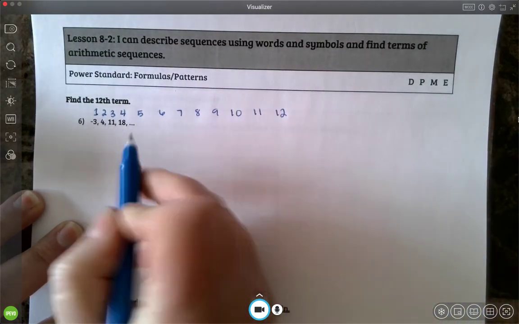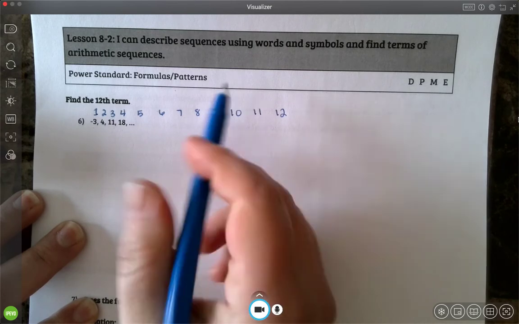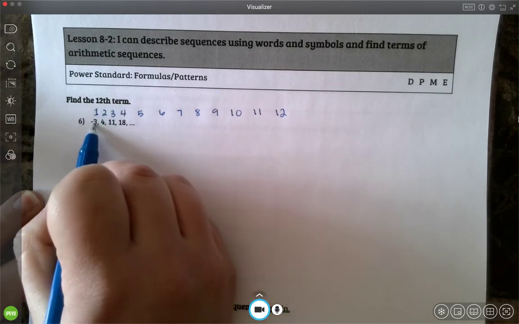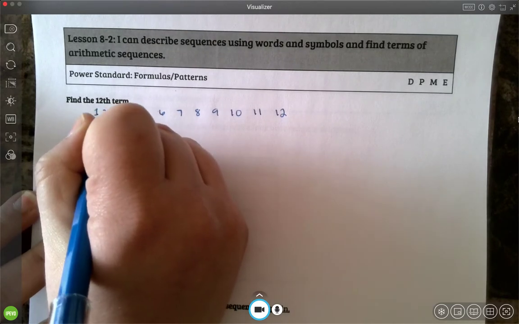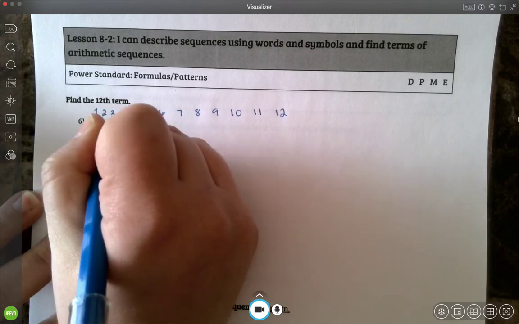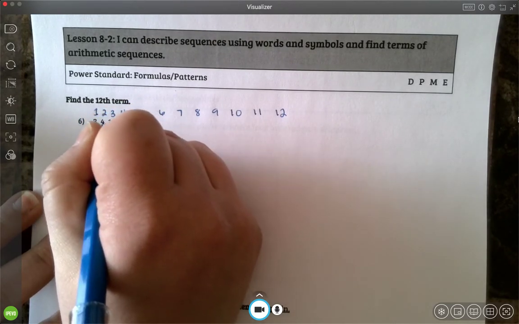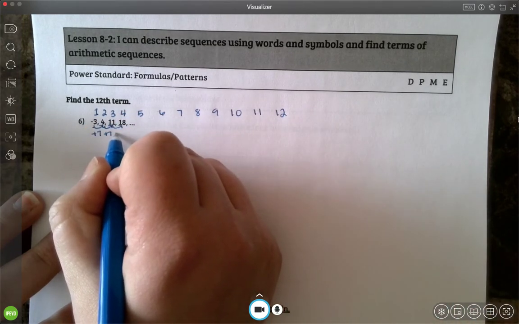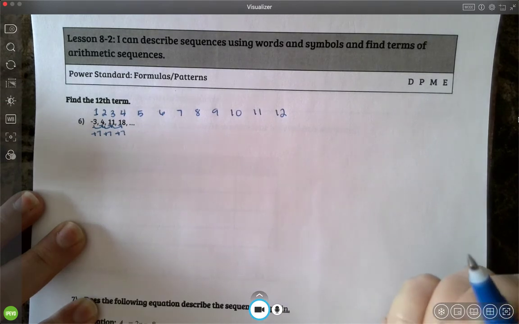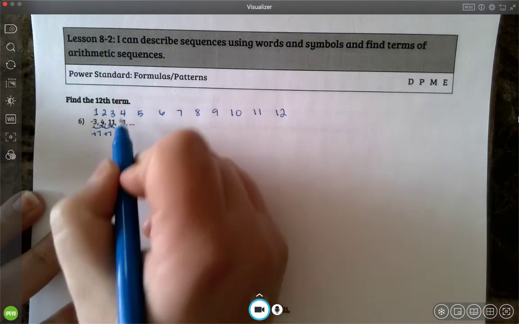And now I just have to figure out what those numbers are. So to go from negative 3 to 4, I have to add 7. To go from 4 to 11, I'm adding 7. From 11 to 18, I am adding 7. So that means I have to add 7 every time.